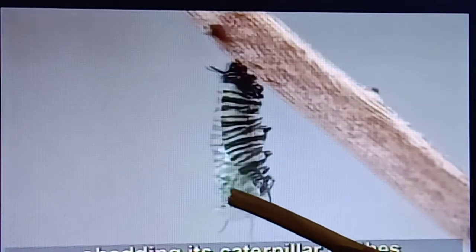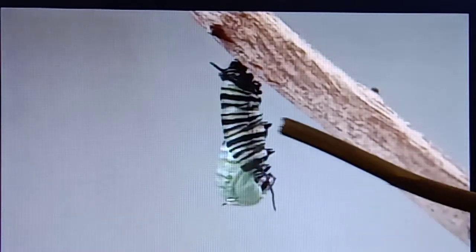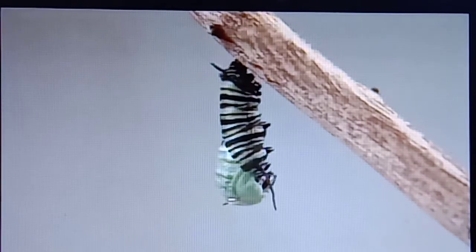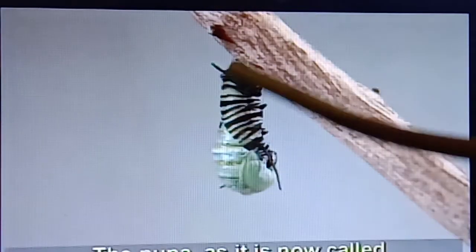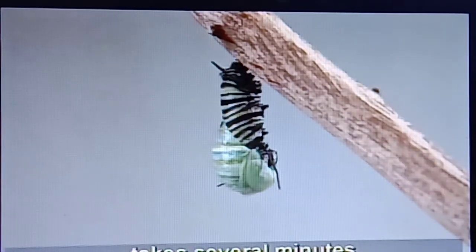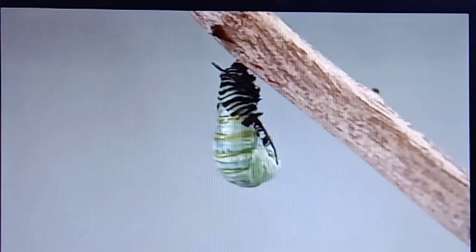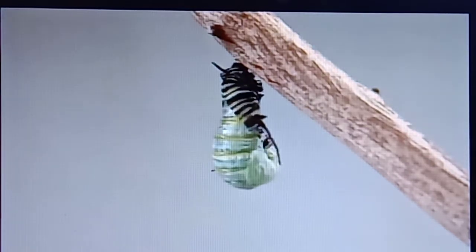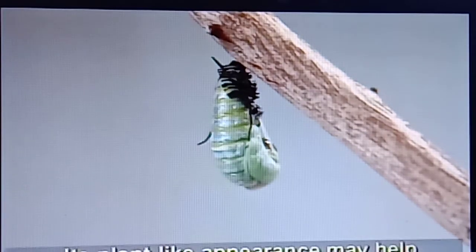See, slowly it is producing the silken thread around its body. This stage we call the third stage, that is the pupa stage.